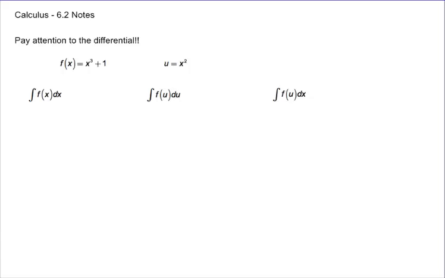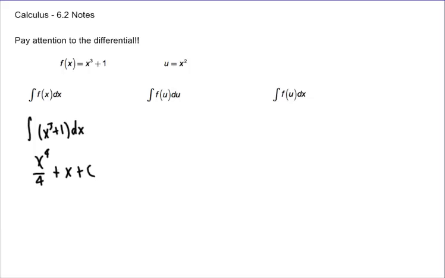We're looking at, on this very first problem, the indefinite integral of f of x, which is x cubed plus 1 dx. That's what we're working with. And when we integrate this, we're going to end up with x to the 4th over 4 plus x plus c. That's all there is to it. There's no trickery going on.